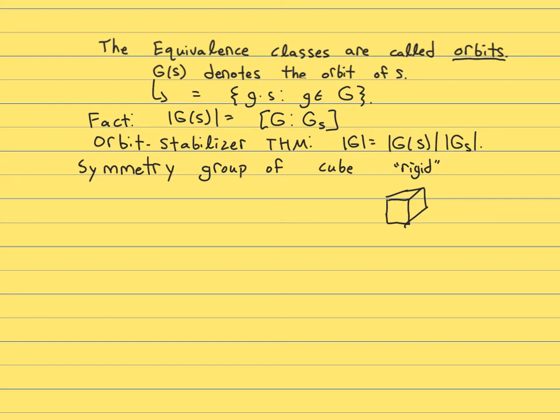The correct way to state it is that you've got a linear transformation from R3 to itself, because remember, the cube is something that's in R3. It's linear and invertible.